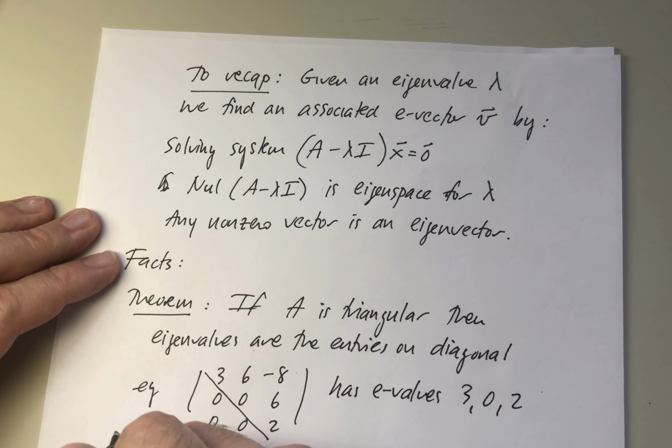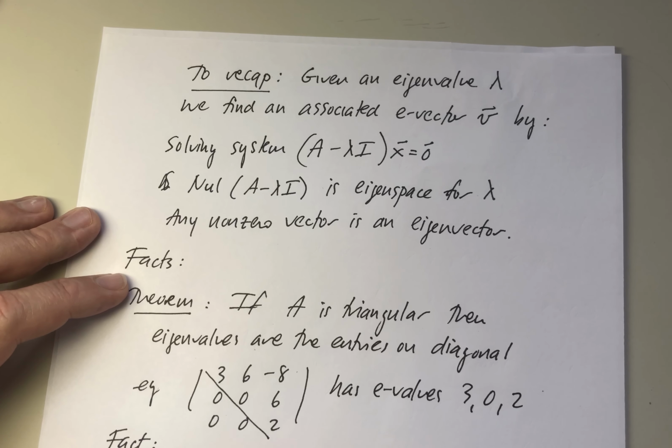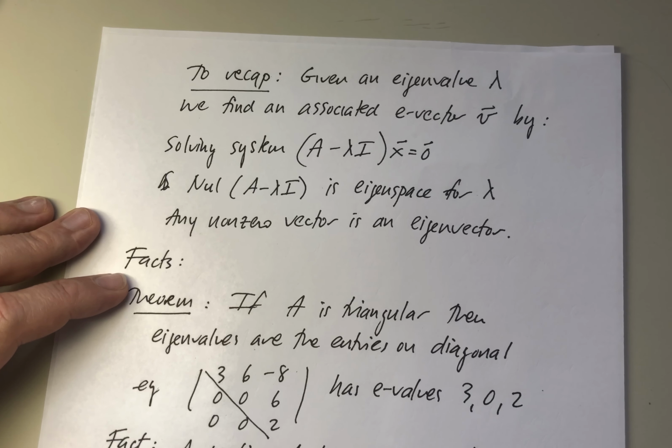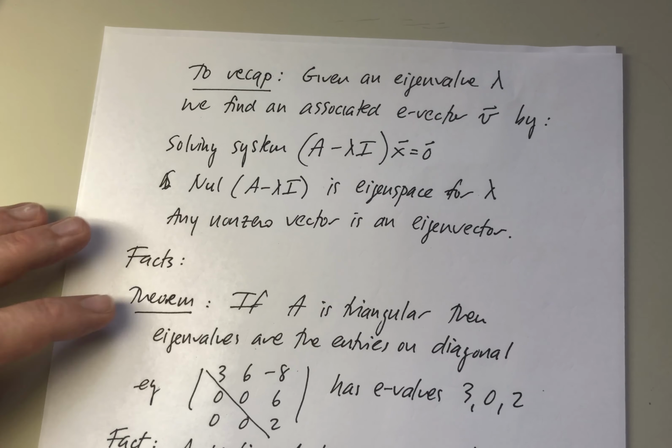Another fact I'll point out is that a matrix A has eigenvalue 0 if and only if A is singular, which means not invertible. Why is that true?